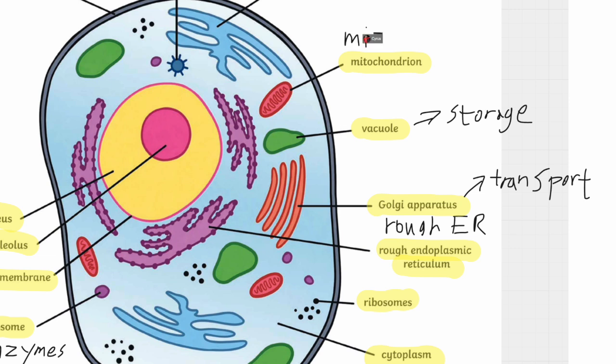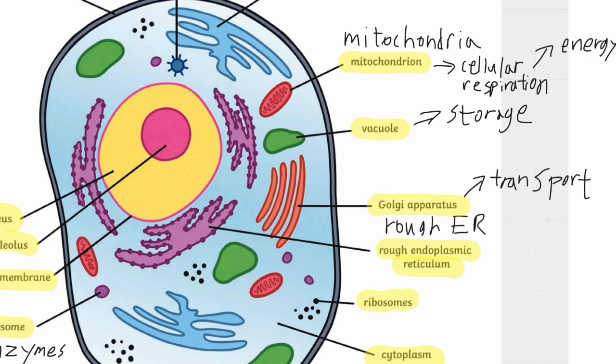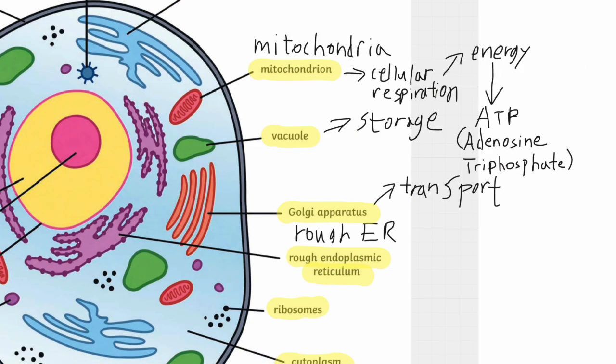Mitochondria is one of the most important things in the human cell. Mitochondria goes through cellular respiration and produces energy for the cells to work. This energy is then stored in ATP, which is adenosine triphosphate. That's what the mitochondria is. It's the powerhouse of the cell.